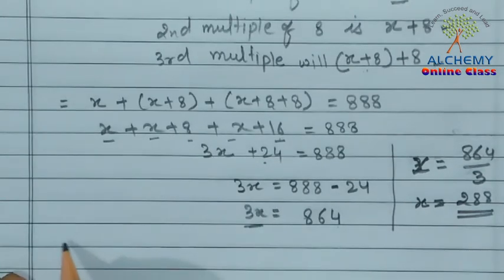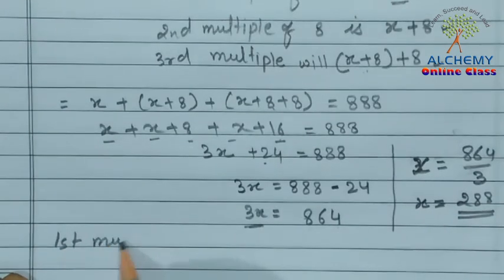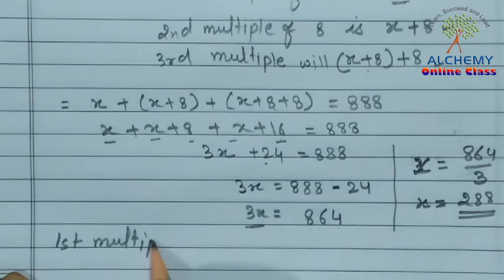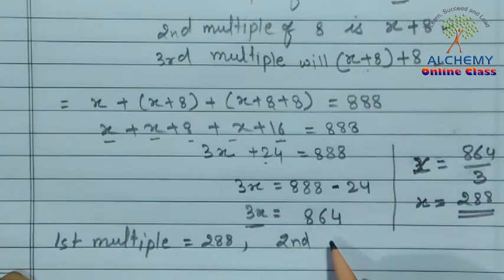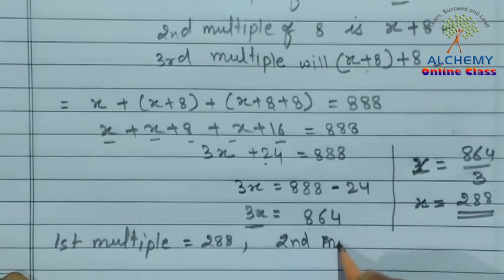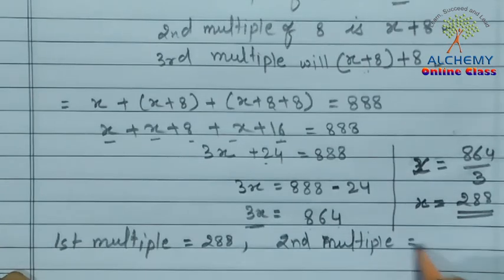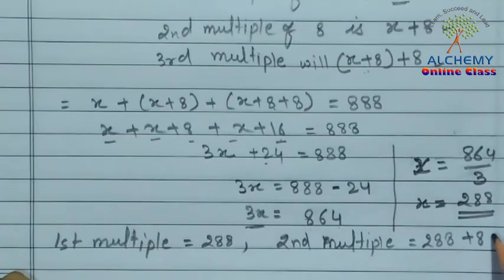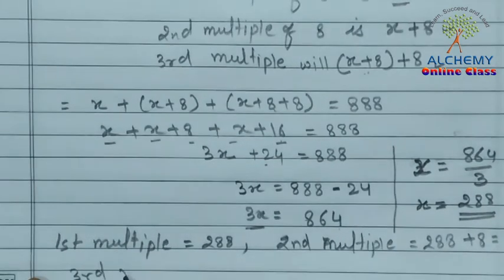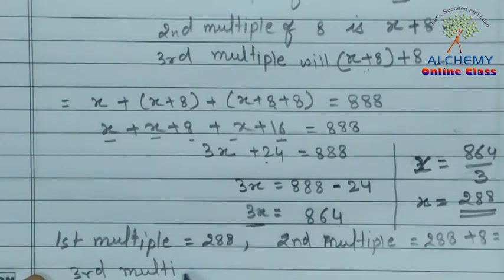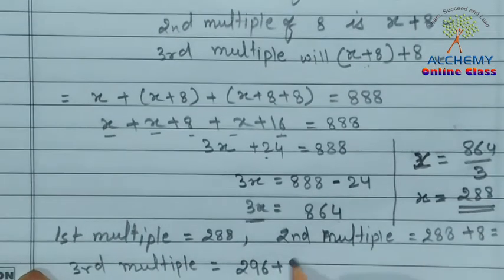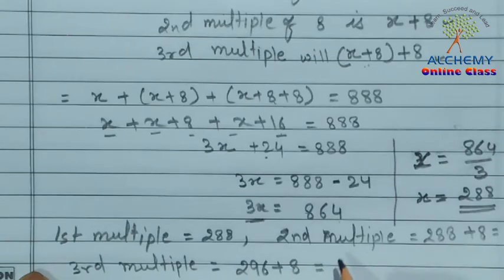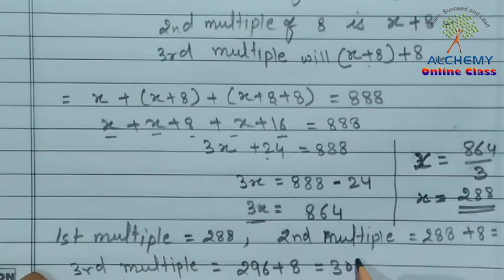Okay, what multiples can we write? The first multiple is 288. The second multiple is equal to 288 plus 8, so it will be 296, and the third multiple is equal to 296 plus 8, which is equal to 304.